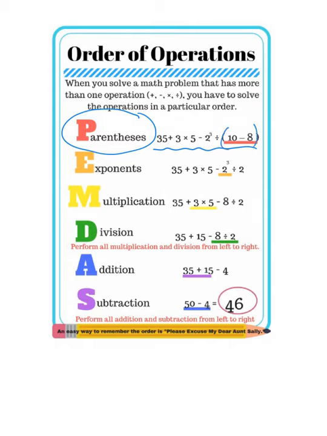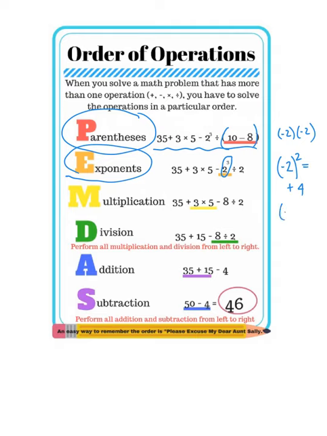The next thing you always want to complete is exponents. So here it would be 2 to the third power. Be really careful with exponents: negative 2 to the second power equals a positive 4 because you're multiplying negative 2 times itself twice, and a negative times a negative is a positive.